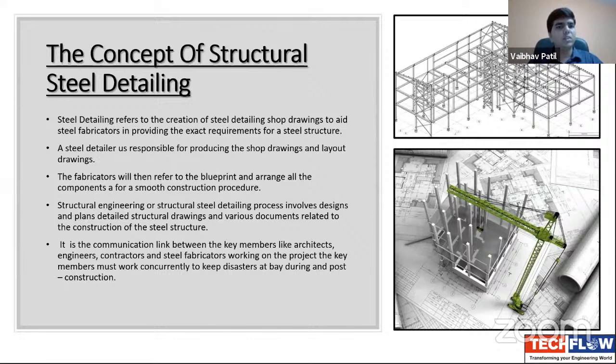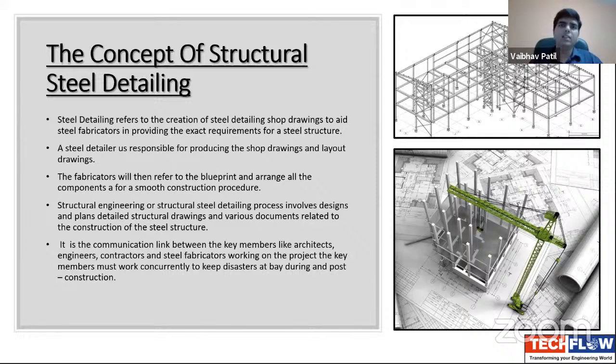Then the concept of structural steel detailing. Accuracy is really required in what type of beams and columns need to be fabricated. Steel detailing has come a long way over the past several years. Previously it was done on drawing boards when there were no computers. Then it came with AutoCAD, which you mostly know.